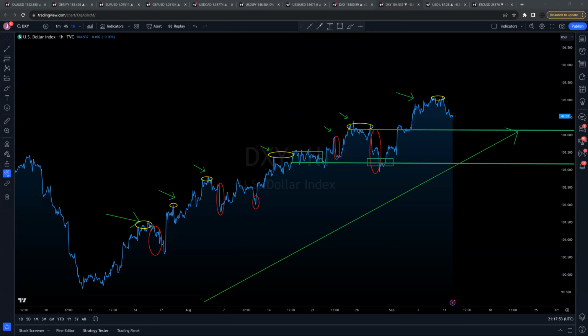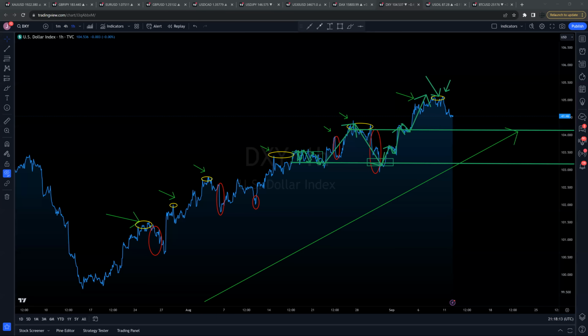But you can see here, when we had this accumulation phase and printed new intraday highs, we had a pullback to that same accumulation zone, then had more optimistic US PMI reporting, leading to new highs being printed.